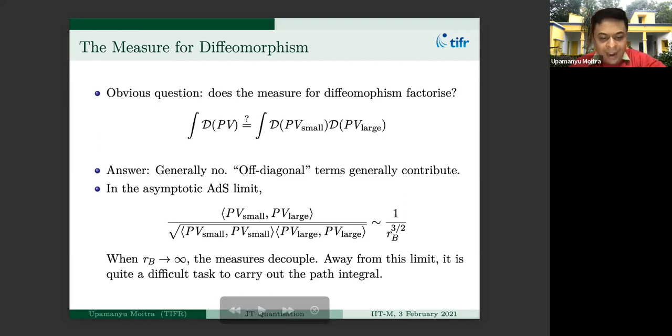And when R_B goes to infinity, the measures decouple. So it's in this limit, again, just to emphasize what was said before, that we are able to carry out the path integral in a nice manner. Away from this limit, it's rather a difficult task to evaluate the path integral explicitly.